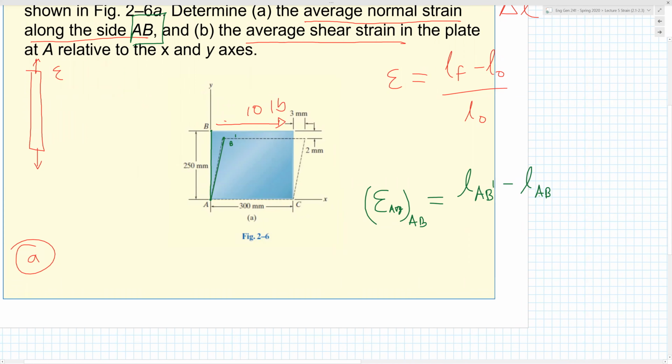We already know what LAB is. LAB is given as 250 millimeters, right? The trick is, what is LAB prime? What is the final length of that? And let me zoom in here a little bit.